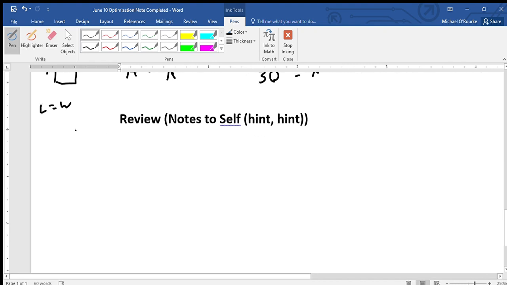So let's review. Define the optimal area given the perimeter. So four-sided, and hint, hint, hint, this is what you should write in your notes for yourself. You take the perimeter and you divide it by 4.